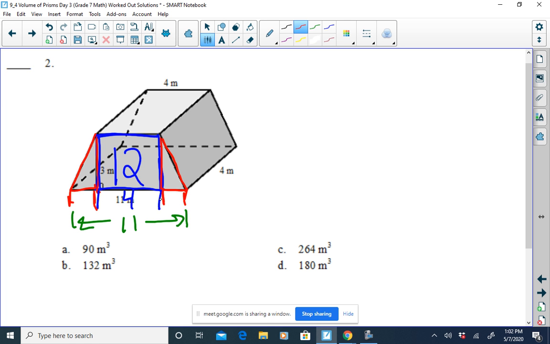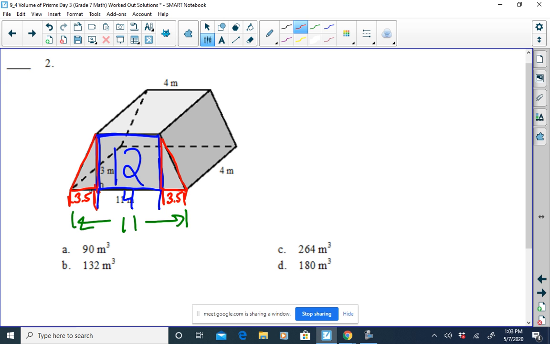So we have 7 units left over for these 2 distances, and if we split that 7 in half, that means that this segment has to be 3.5 and that segment has to be 3.5.